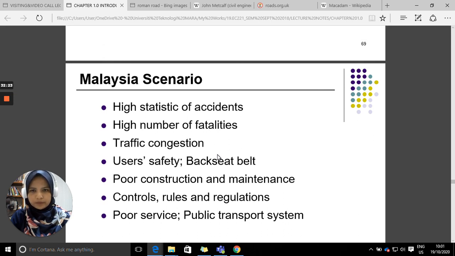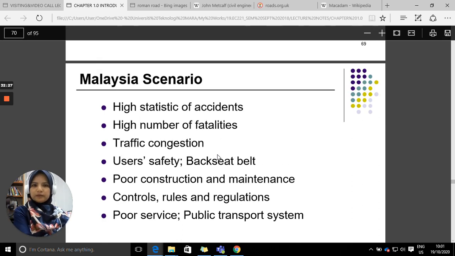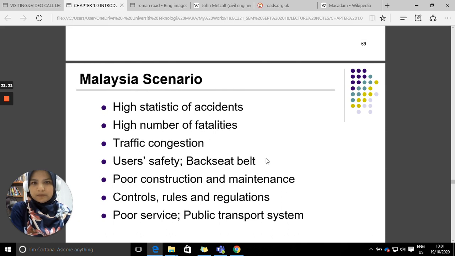So we have already looked at this. User safety, back seat belt. Once upon a time, they enforced this, but suddenly they stopped it. There are some issues regarding this back seat belt. And this year, it sounds like they are starting to enforce car seats for children, right?